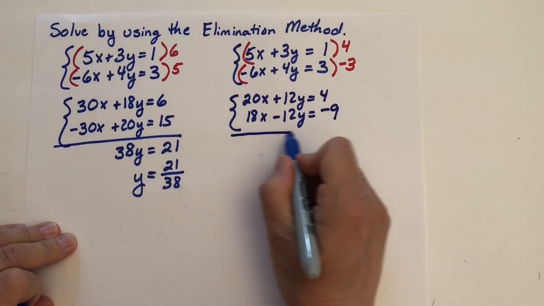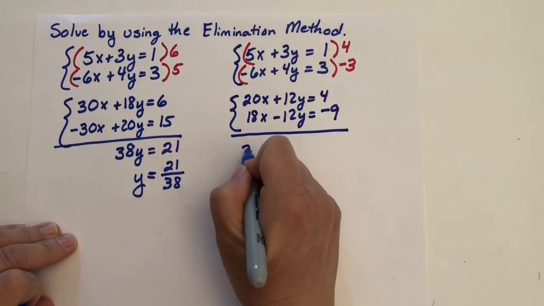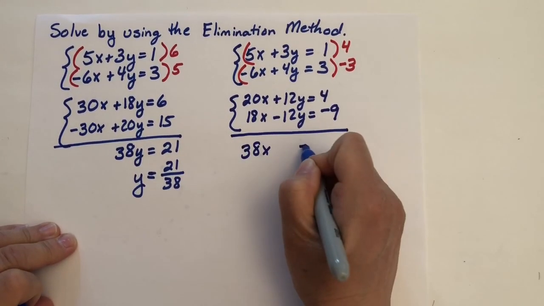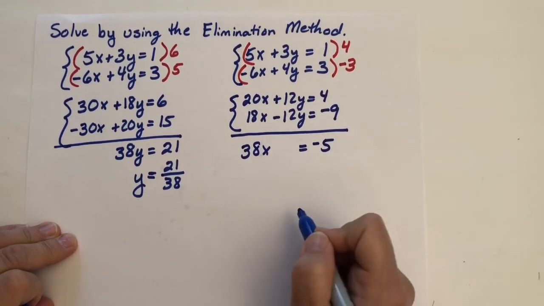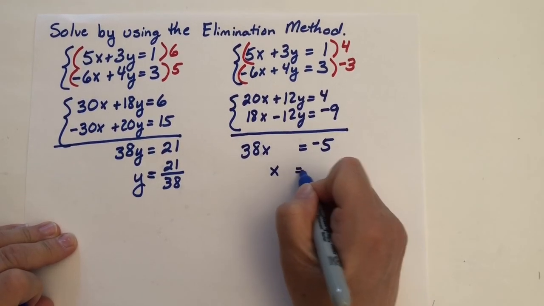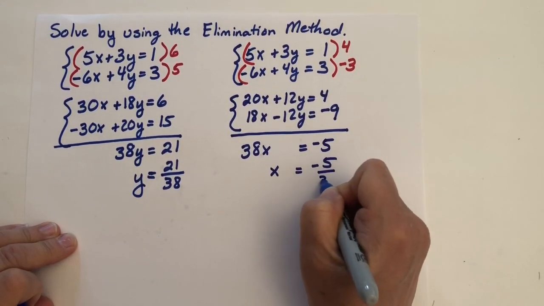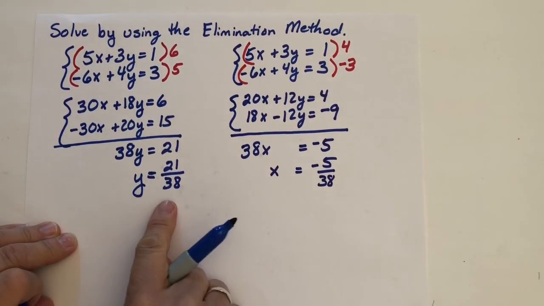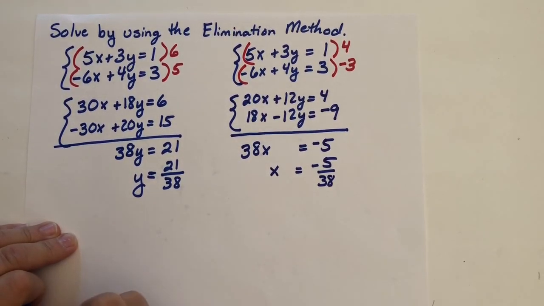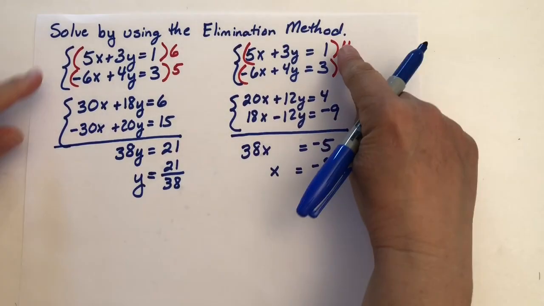And when we add these equations, we get 38x equals -5, and we get x equals -5/38.